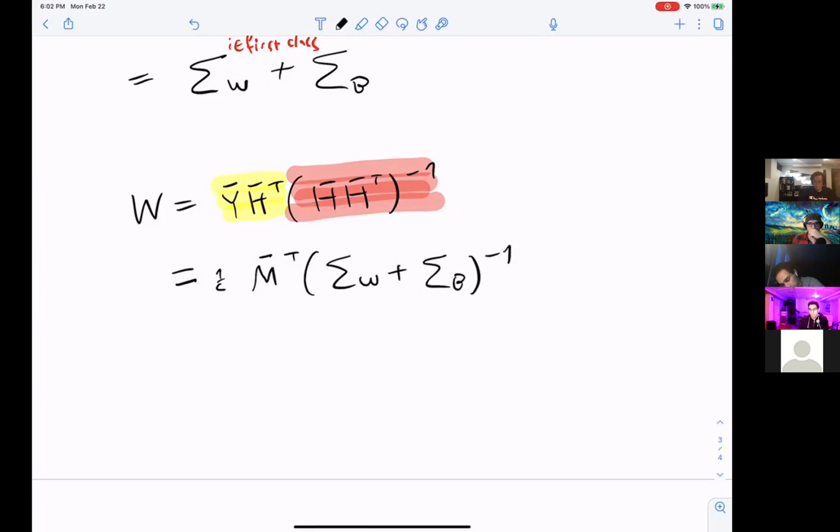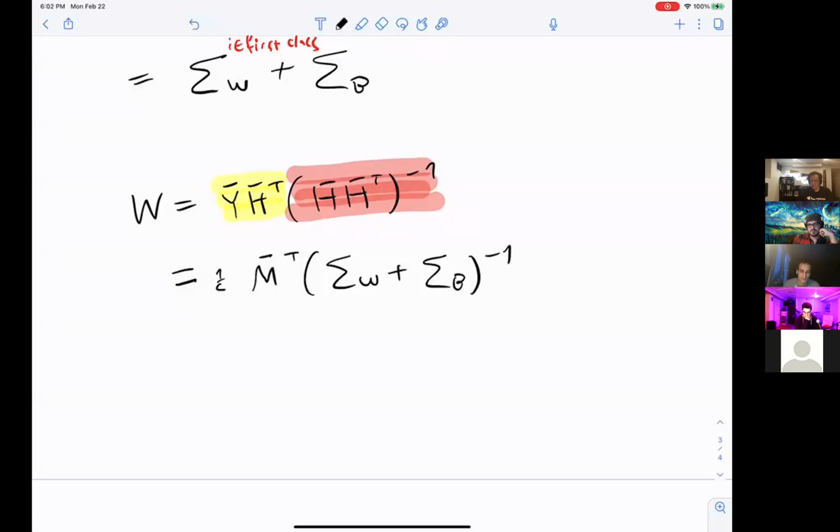Does this look familiar to you? Have you seen this in your previous 2 hours? Does this strike you as familiar? So this is a cousin of linear discriminant analysis.